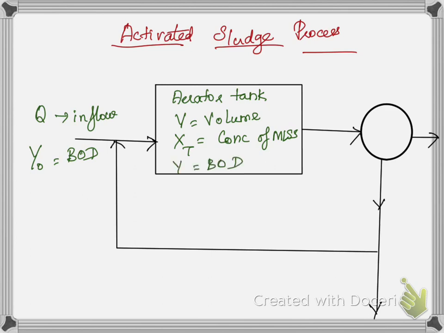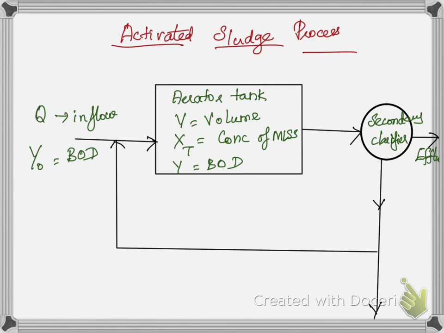Initially you are having your Q as the inflow. After this process it will go to your secondary clarifier, that is the secondary sedimentation tank. After that the remaining will go out as effluent. So this is how the process is going on.